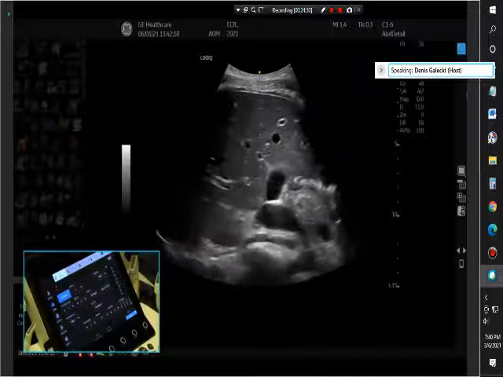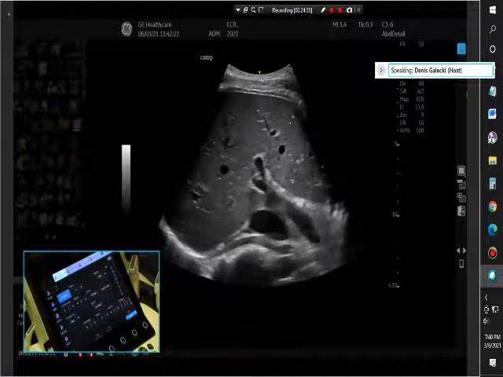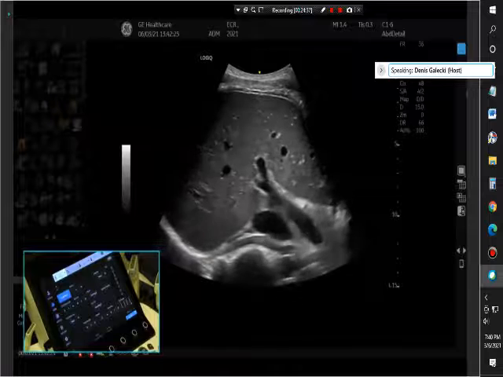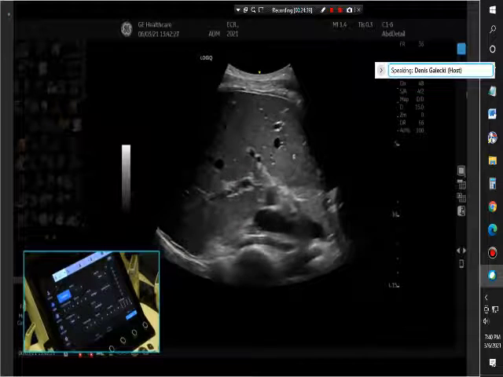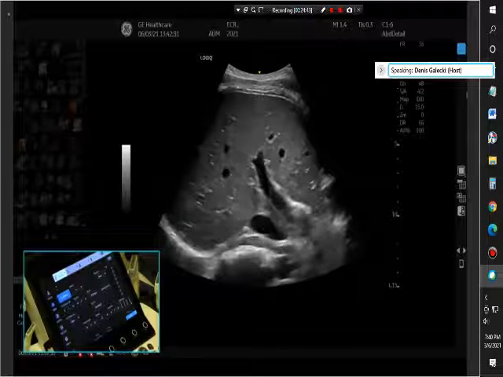Let's start with the 2D liver by using the C126D XT Clear probe. I believe it's easy to see that immediately we fulfill the high standard of image quality.